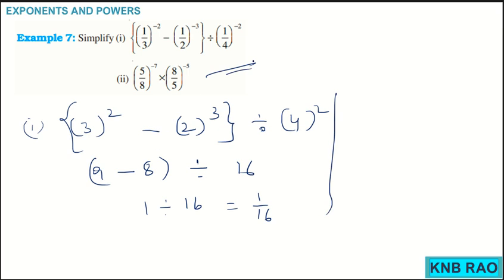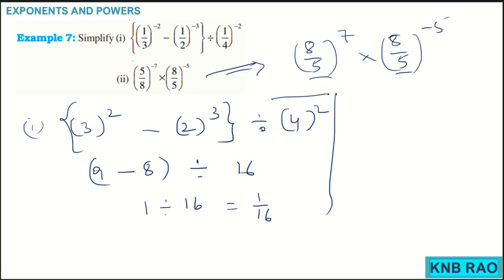Coming to question number 2, (5/8)^-7. So, I will make it (5/8)^7 into, this becomes (8/5), I am keeping as it is because bases are the same now, 8 by 5, 8 by 5. I did not reciprocate here, though there is a negative power, because I want the same bases.